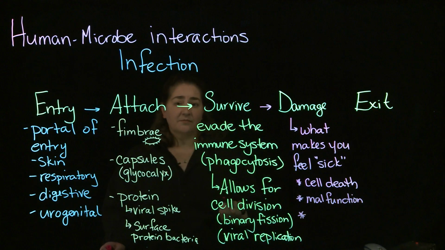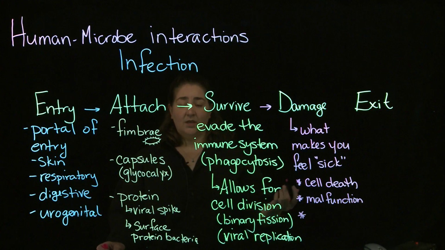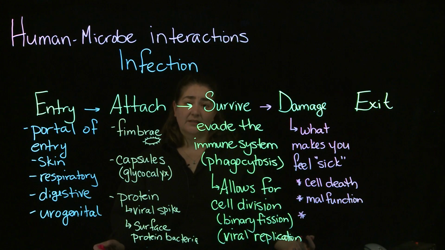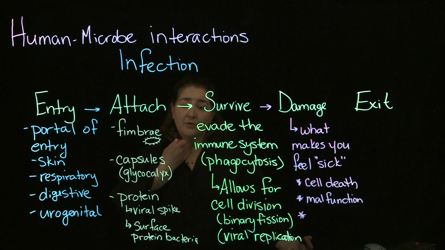In the case of something like Streptococcus pyogenes, the bacteria that causes strep throat, if you've ever had strep throat or you have a kid who's had strep throat, you know when they open their mouth, their throat looks really red, okay?